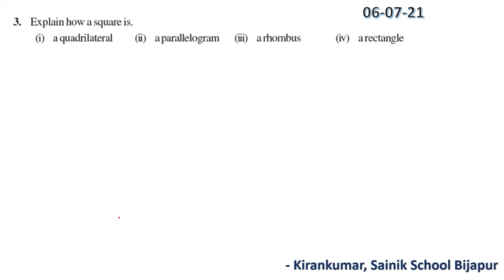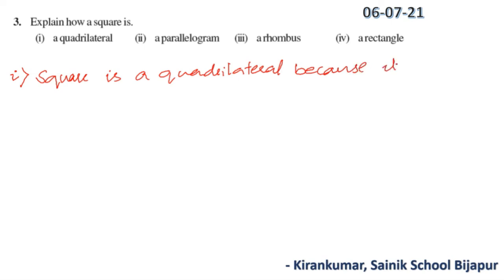Question 3. Explain how a square is a quadrilateral. The first one, a square is a quadrilateral because it has four sides. Second one, explain how a square is a parallelogram.